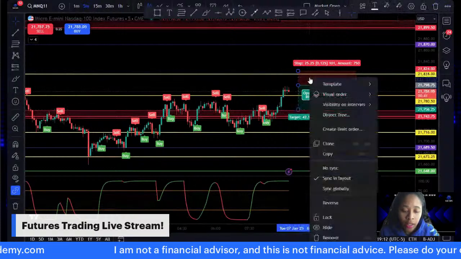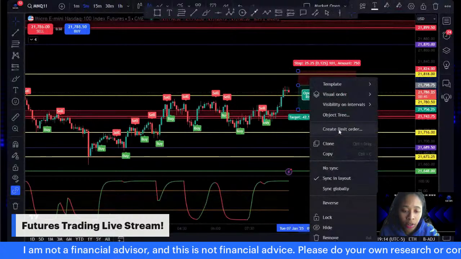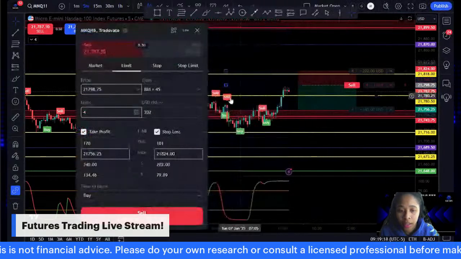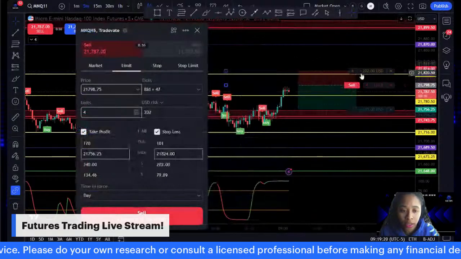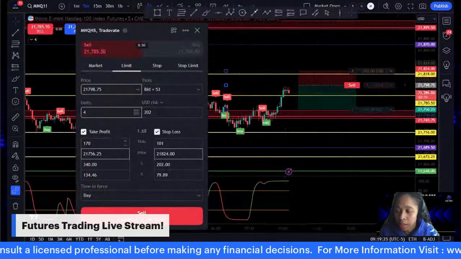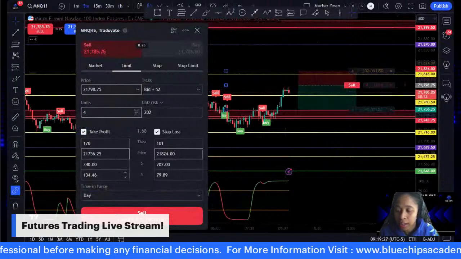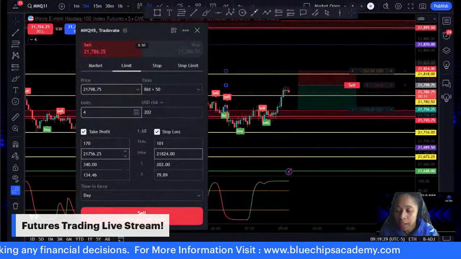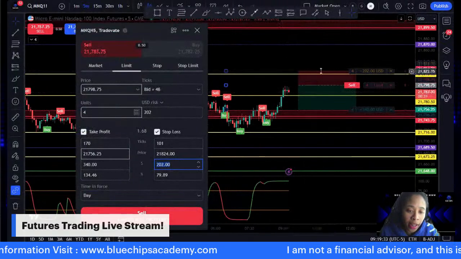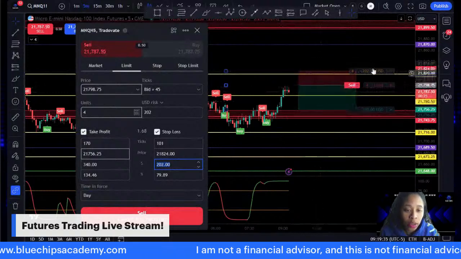When I right click on this short position, I go to create limit order and I can see how much I'm risking based on where this position is. If I put in 4 contracts, I will be risking $202 based on where my stop loss is.